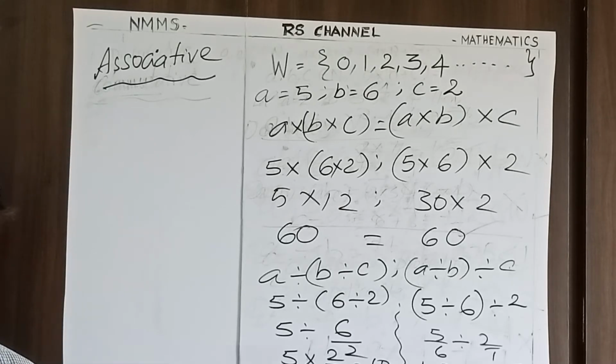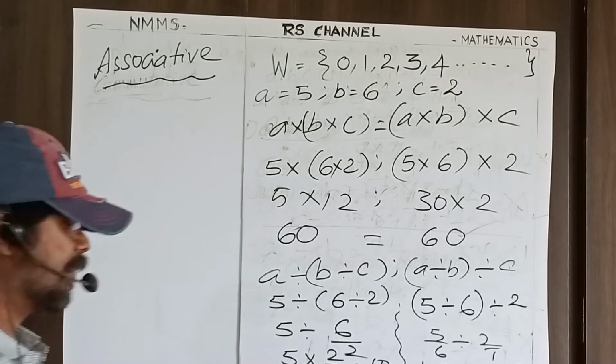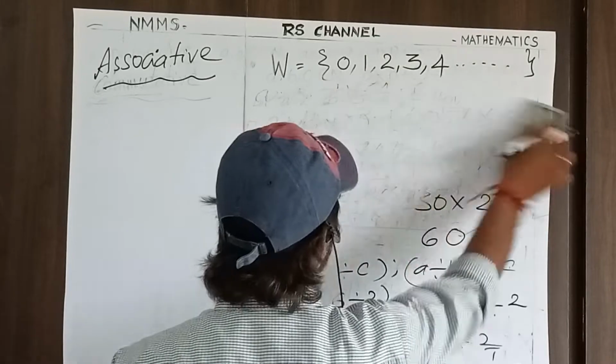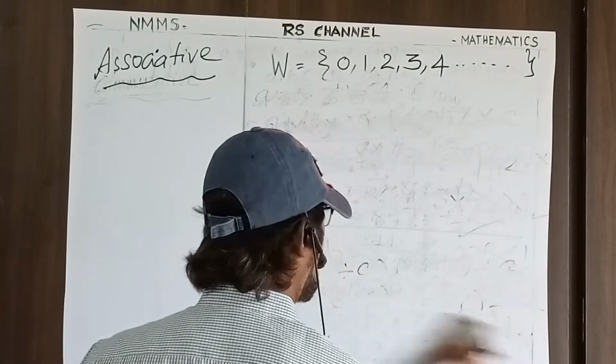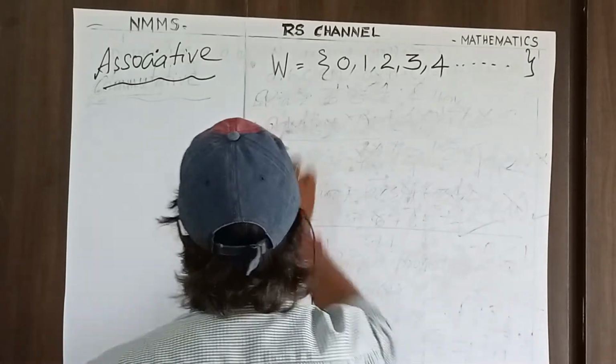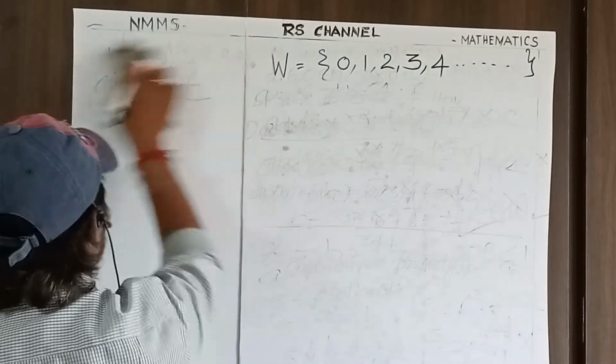Next, identity property. What is the property? Identity. In whole numbers, we are observing all these properties for various operations. Now, identity.